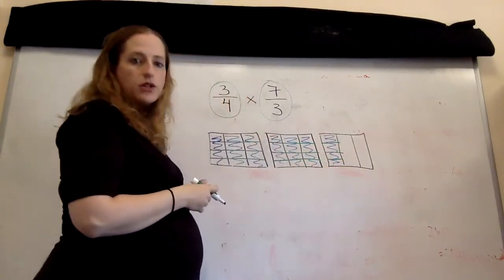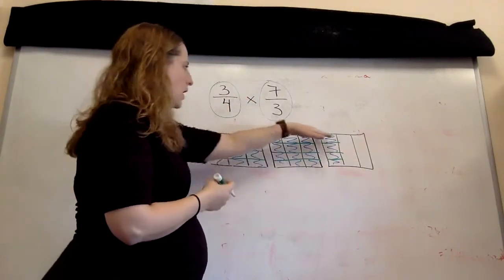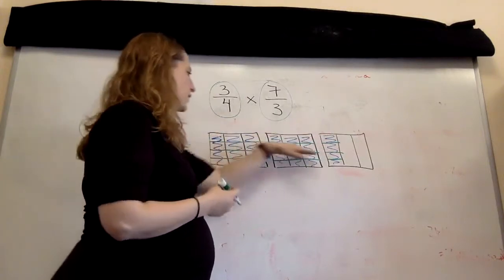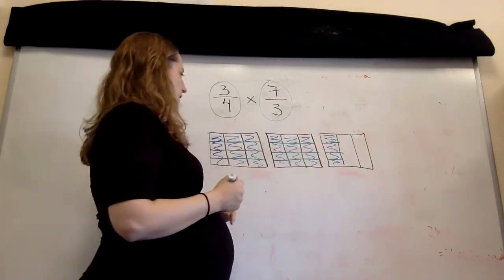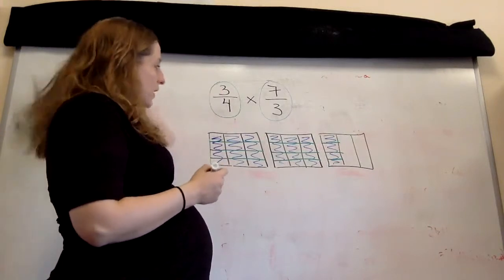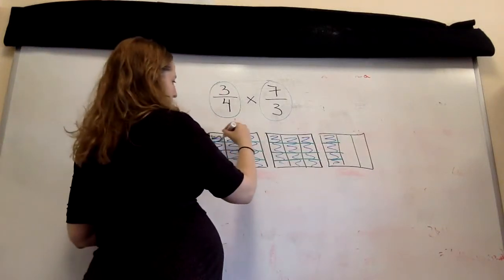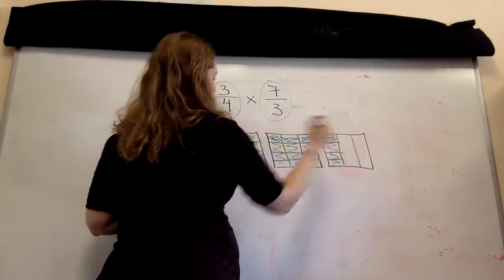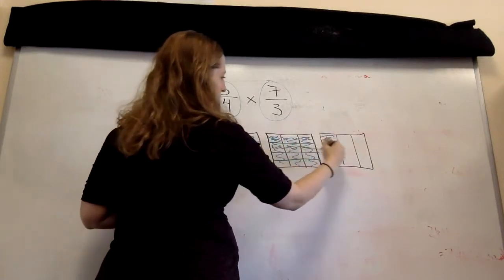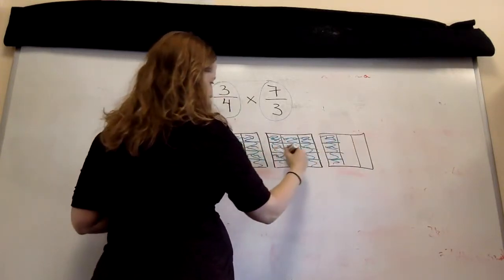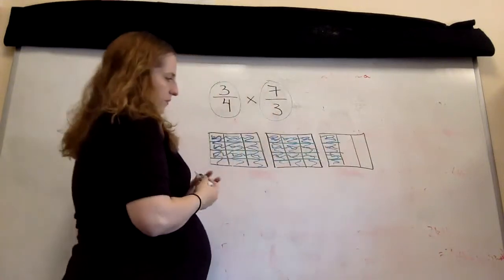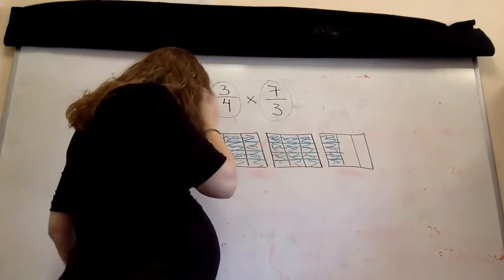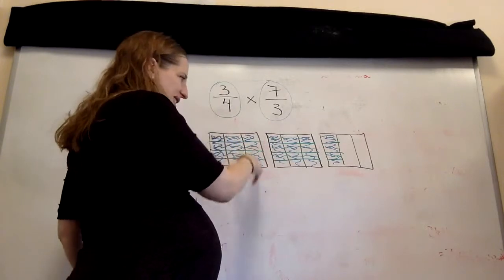So now I've got 1/4, 2/4, 3/4, 4/4, and I'm going to color in 3 of those fourths because I want 3/4. So 1/4, 2/4, 3/4. Now my answer is going to be the double shaded stuff.